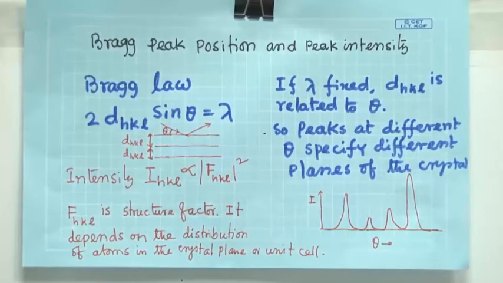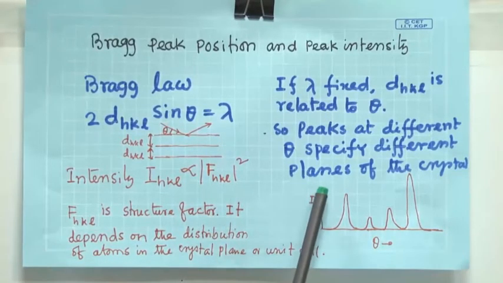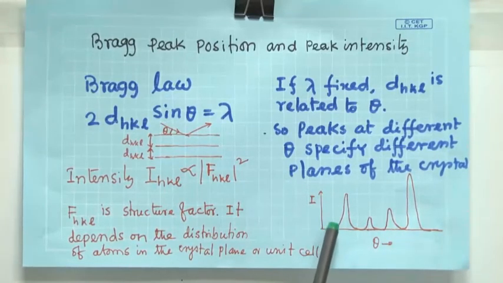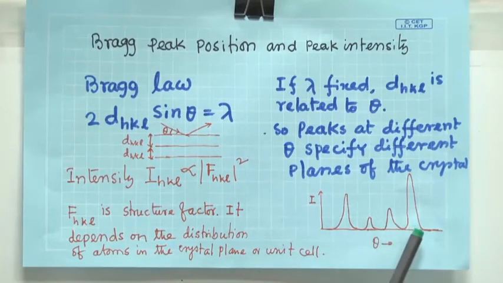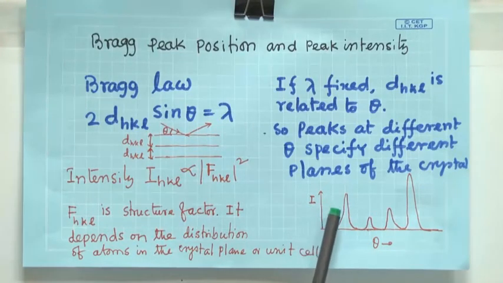Here I have shown typical XRD patterns from a sample. From a single crystalline sample you can also get this kind of pattern, but in that case you have to vary the angle of the sample with respect to the X-ray direction, and then you are satisfying the Bragg condition for different planes.